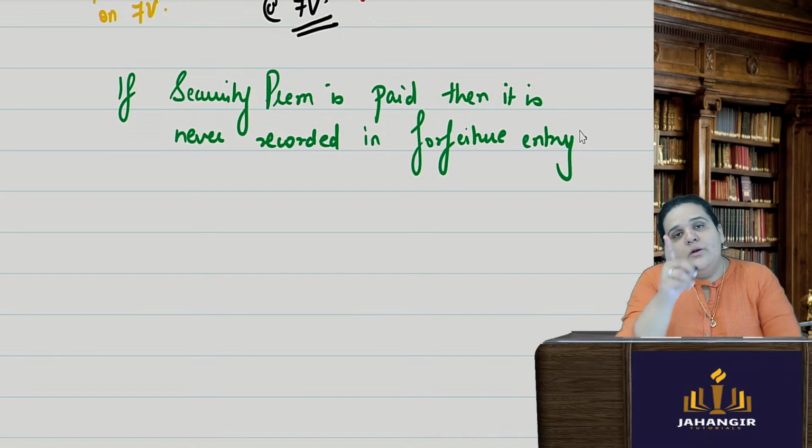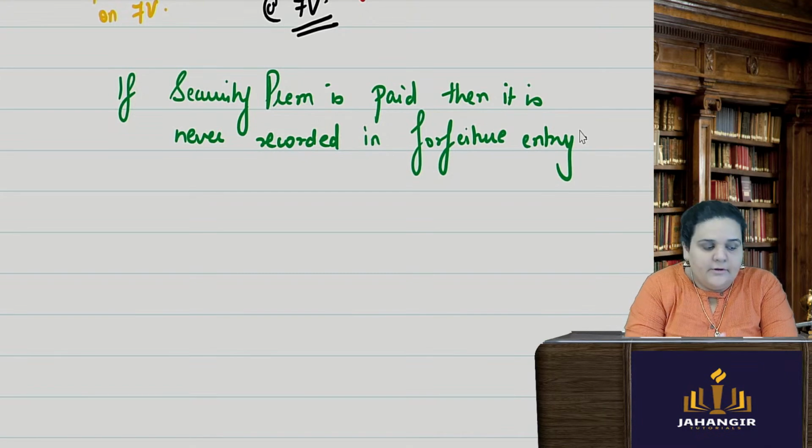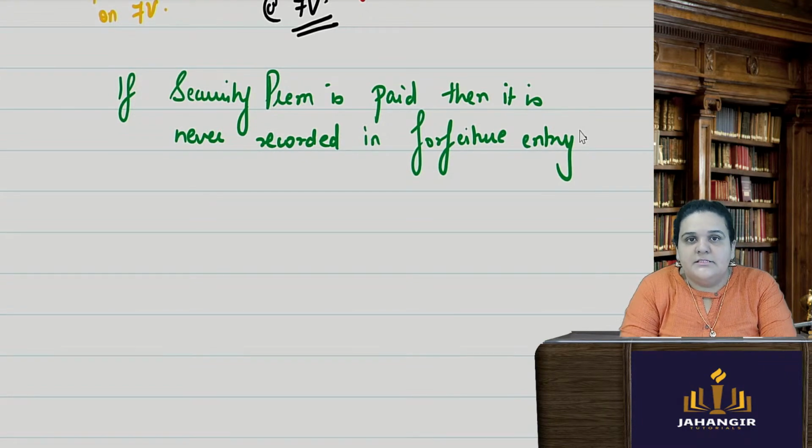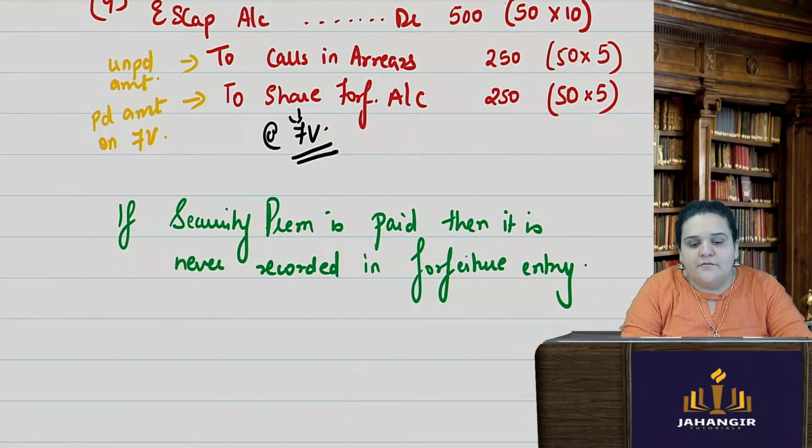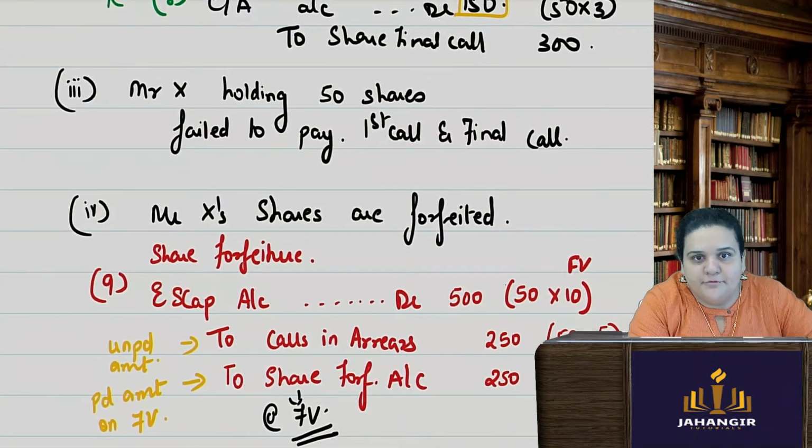If it is unpaid only, then I will come to that also. I will also change this example and come to forfeiture of when the securities premium was unpaid. Okay. So if it is paid, then it is never recorded, and share forfeiture is always recorded at the face value. Okay. So this was example number 4.